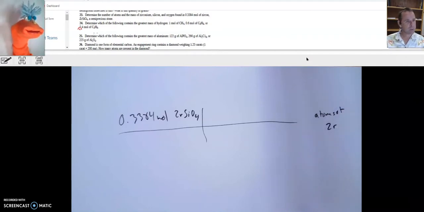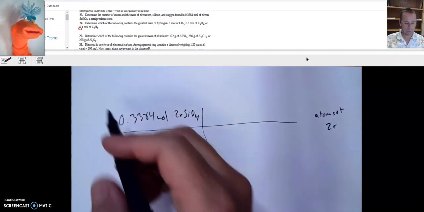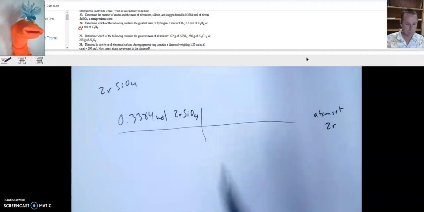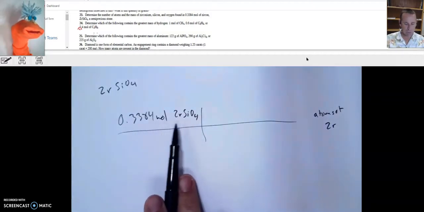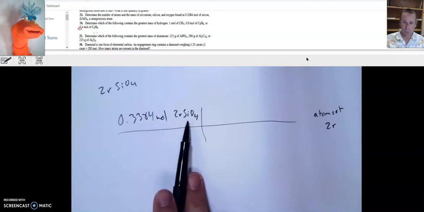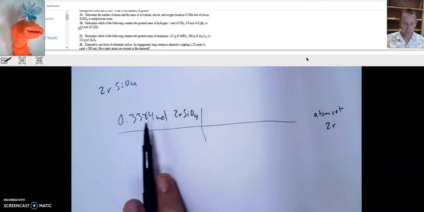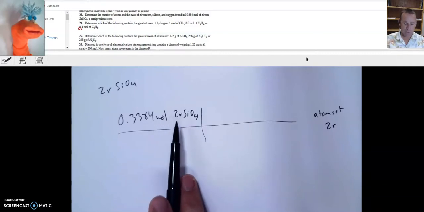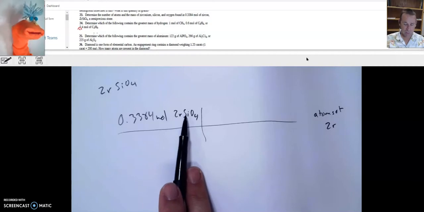Now, if I look at the chemical formula ZrSiO4, and I'm given a number of moles of this material, if I have that many moles of this, I'll also have that many moles of zirconium and that many moles of silicon.